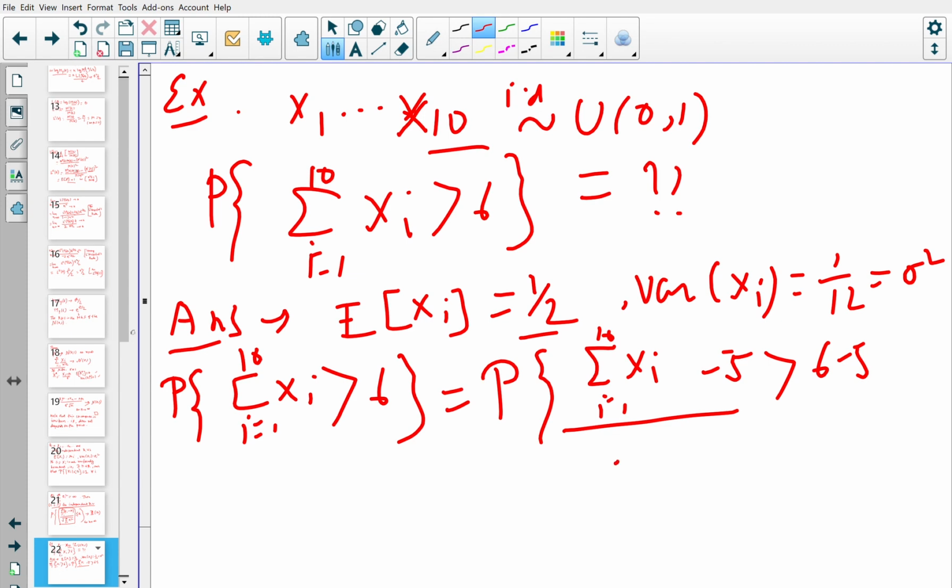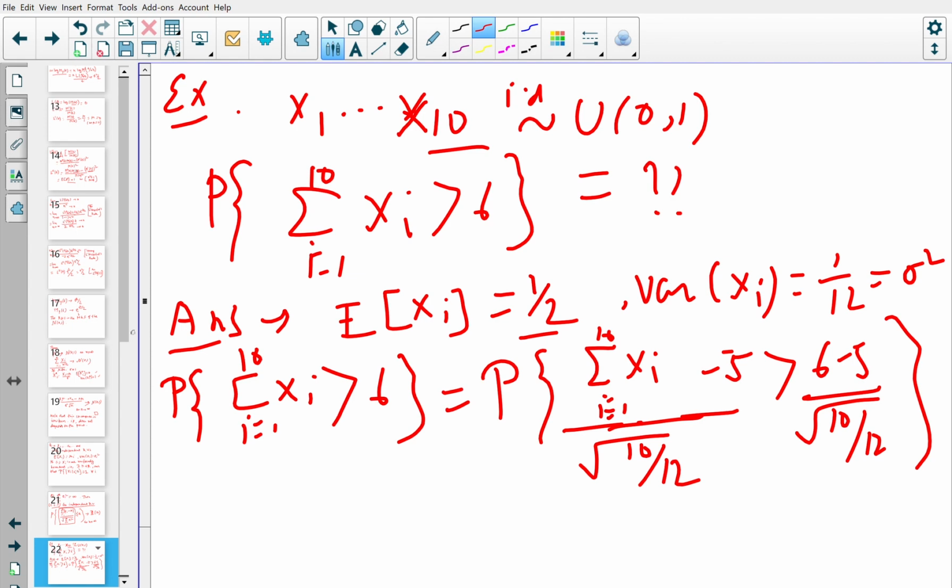So the quantity will be root of 10 over 12. So this is what the central limit theorem gives us. Now we can easily find out the results.